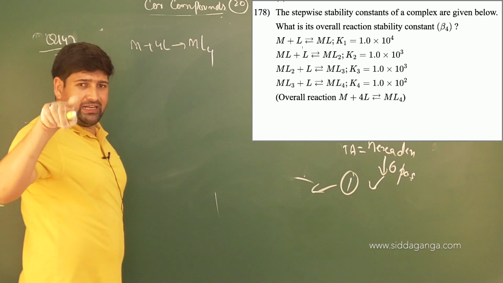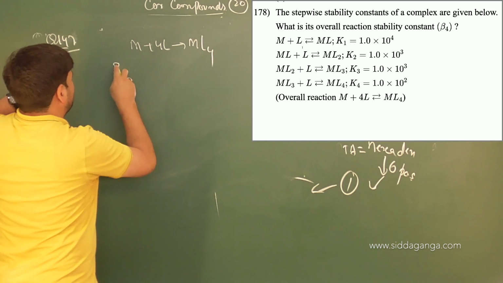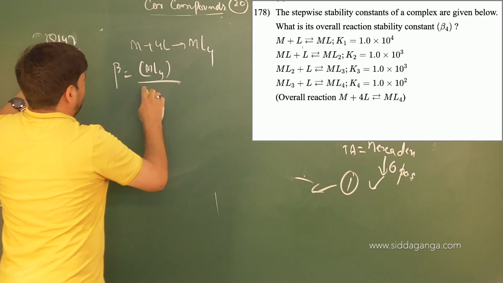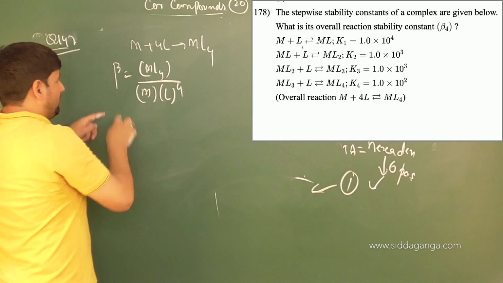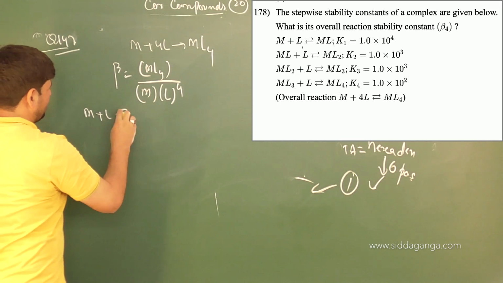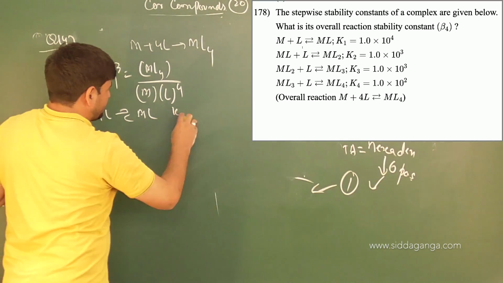We know the individual reactions are there and the total reaction is there. For this we can write the stability constant beta equals ML4 divided by M and L raised to the power 4. Now already we know the first step: M plus L gives ML, so it is K1.